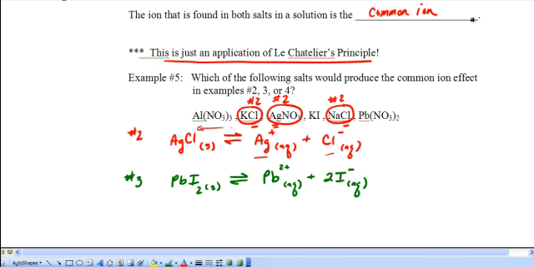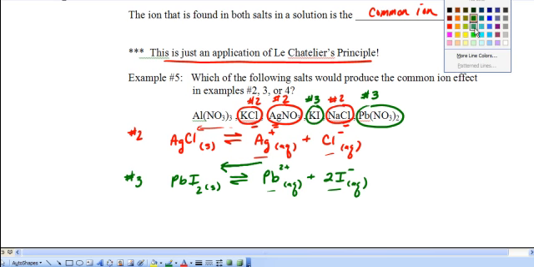So which one of these will supply either lead or iodide to push this equilibrium back over to the left? Well, the KI produces the iodides, and the lead nitrate produces the lead. So those would supply the common ions needed to push this equilibrium back to the left.